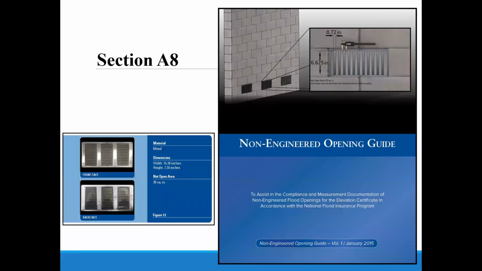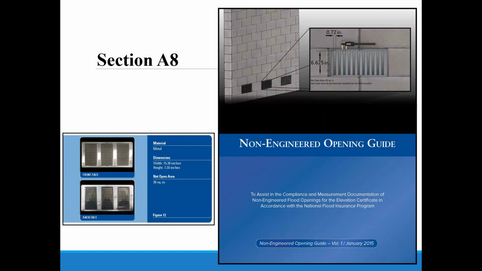Anything like this that has slides or louvres, like a vent that can open and close, has to be permanently disabled in the open position, because as I said, it has to work with no human intervention. So it has to be permanently open, but you can have grates, louvres, vents, whatever type of covering you want, as long as you have enough net opening.